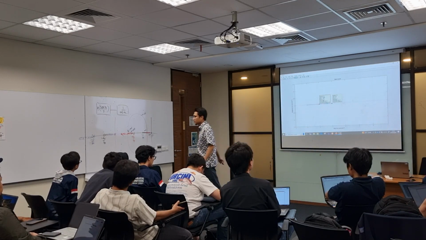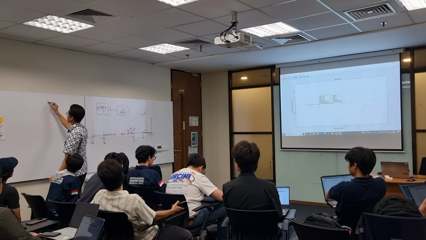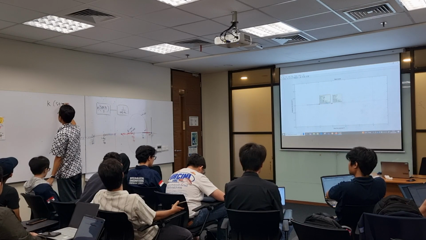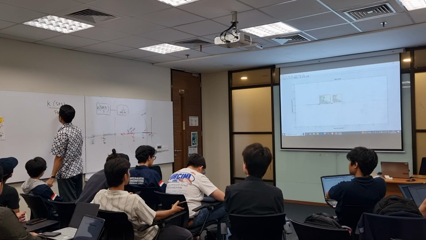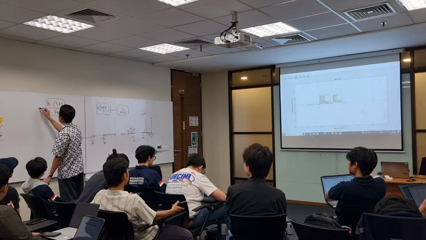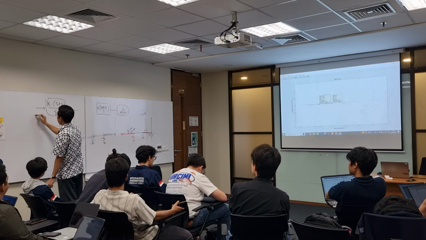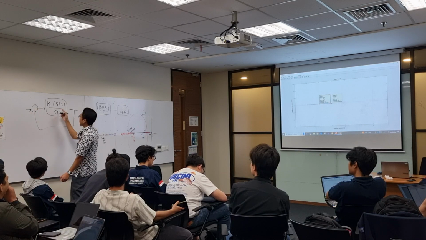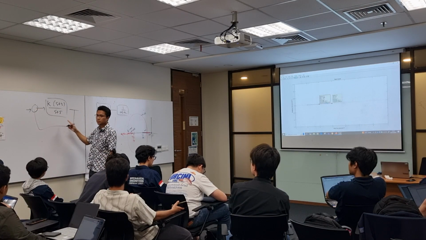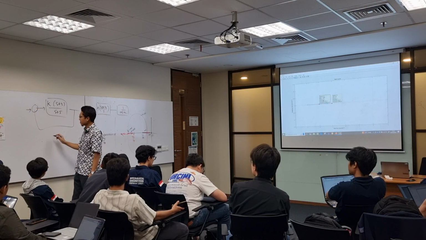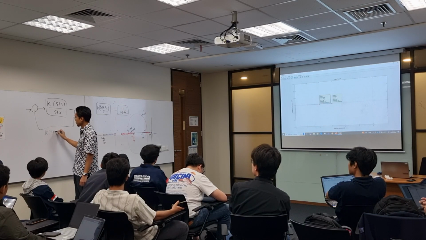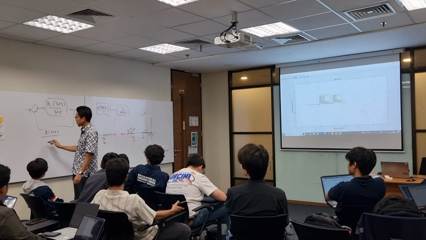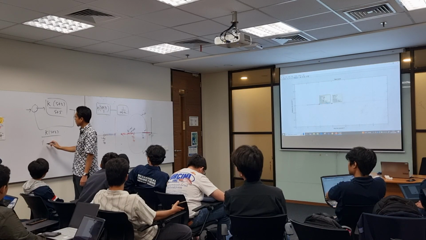So actually, your open loop system is like this. And this is when you make it closed loop. What is the closed loop transfer function from here? K(s+3) over (s+5) plus K(s+3).